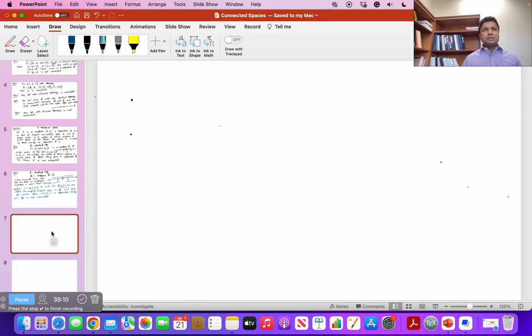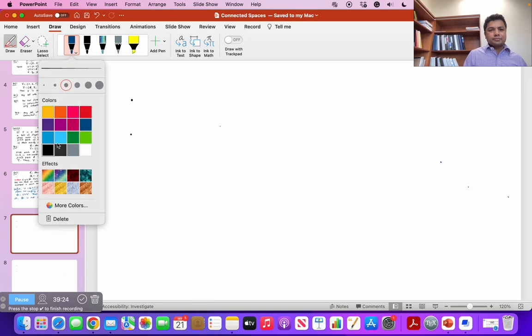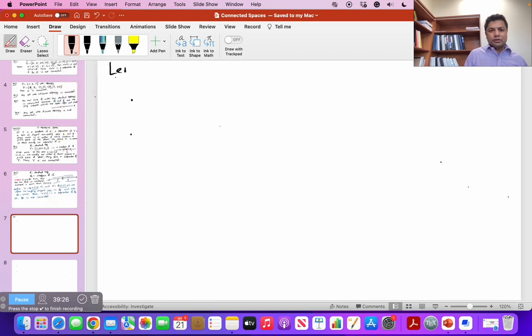Those lemmas and theorems tell us how to construct a connected space using other connected spaces. So let's begin with the first lemma. Again, I'm not going to give proof of this lemma and theorem. If you are interested, you can take a look in Munkres' book.